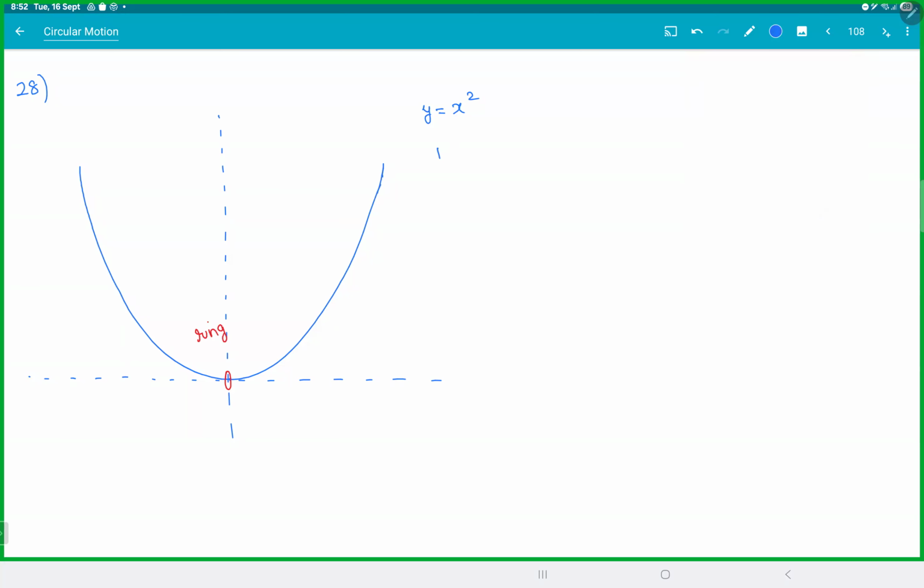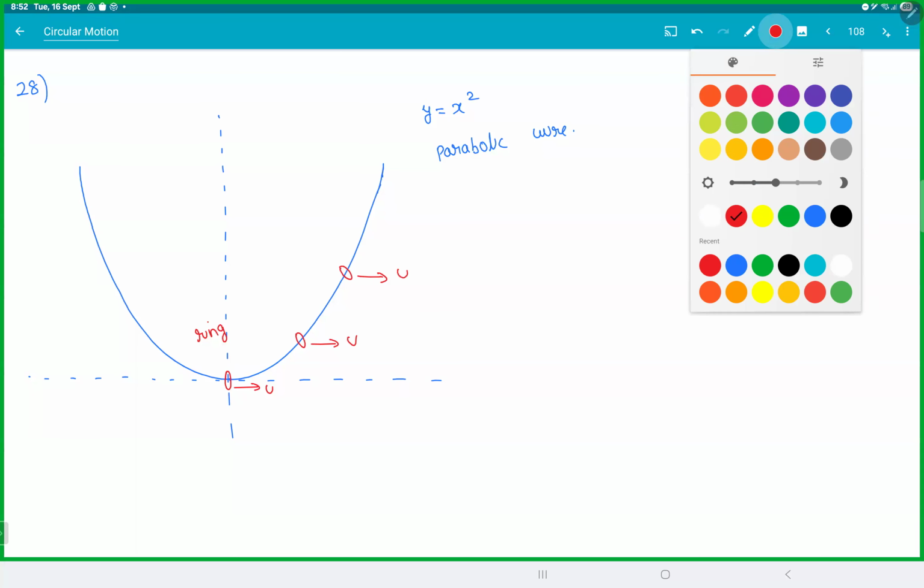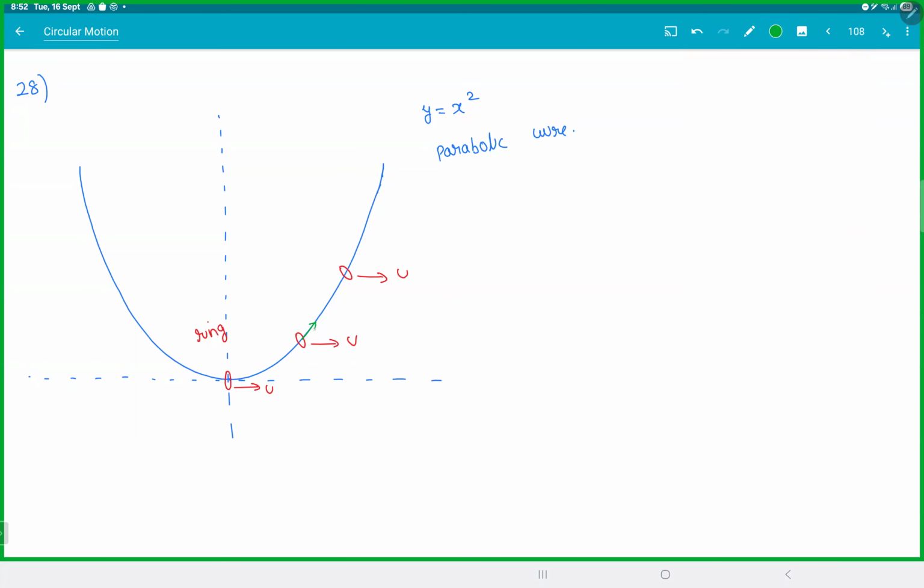This is a parabolic wire. So what happened? Someone is pulling this ring with a horizontal speed u. What is the meaning of that? When the ring is here, the horizontal speed is u. When the ring is here, the horizontal speed is u. The ring is going with some other speed. So here the speed is v1, here the speed is v2. So the speed of the ring is changing continuously, but the horizontal component remains the same.